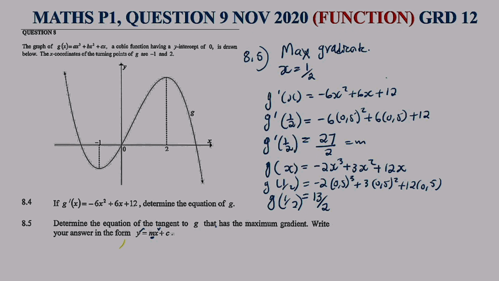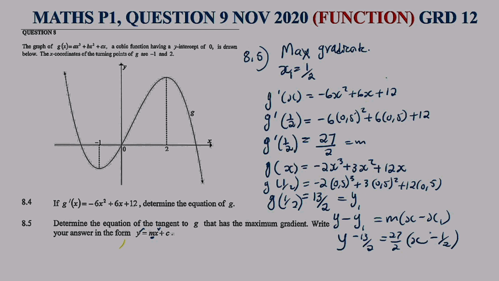Now we can find the equation of our straight line. We've got the gradient, we've got our x value, and we also got our y value. So the equation I would like to use is y minus y1 is equal to the gradient times x minus x1. Therefore, we substitute: y1 is 13 over 2, gradient is 27 over 2, and x1 is half.